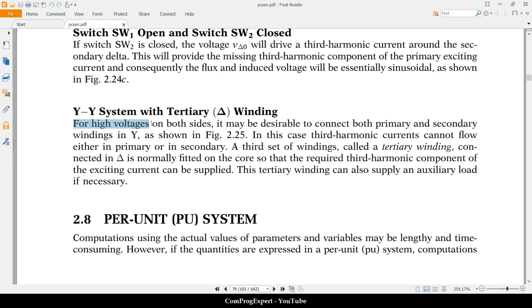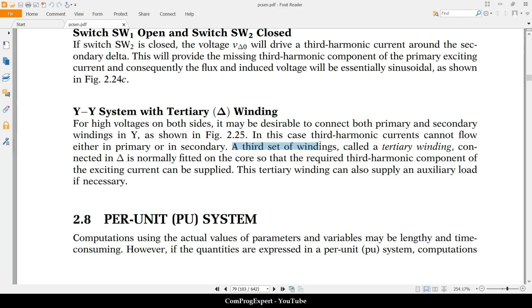For high voltage on both sides, it may be desirable to connect both primary and secondary windings in Y configuration. As shown in figure 25, in this case, the third harmonic currents cannot flow either in the primary or in the secondary.